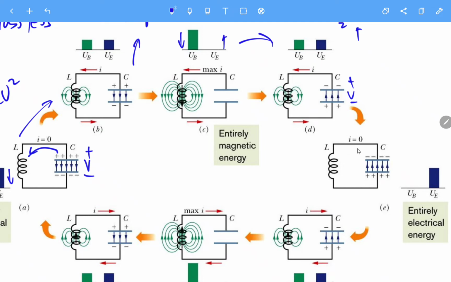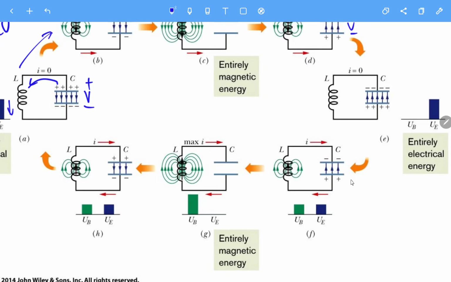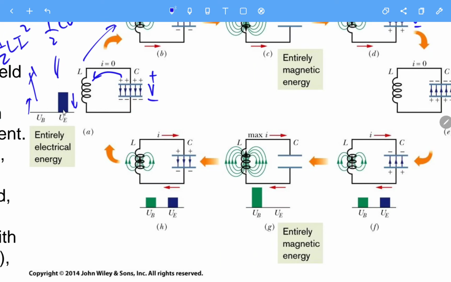For this moment, I equals 0. Then we can just go forward the other way around, and UE becomes smaller, becomes 0, and then becomes larger again, and then goes back to this situation.